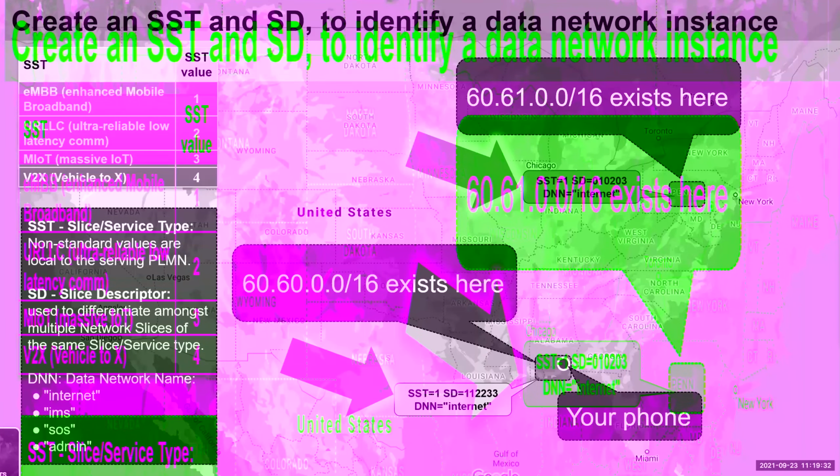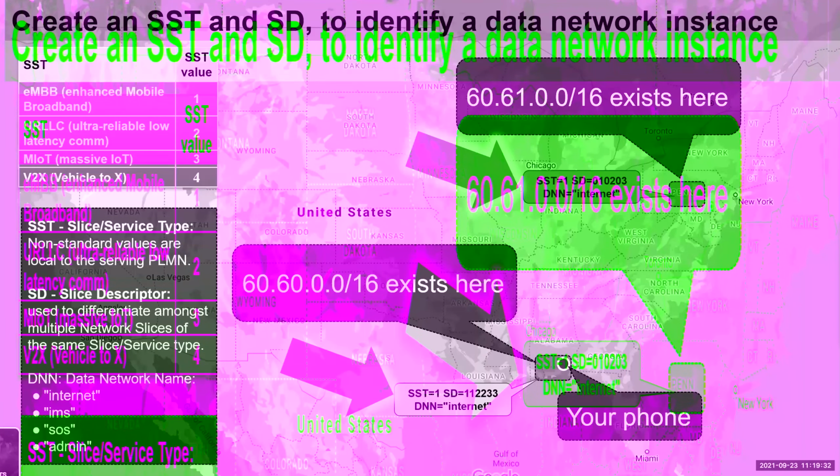Because ultimately, the problem we are trying to solve, algorithmically speaking, is if I know the longitude and latitude of a phone, of a UE, how do I know which slice I could actually connect it to? Well, unless I come up with a way to identify the different slices, I can't.